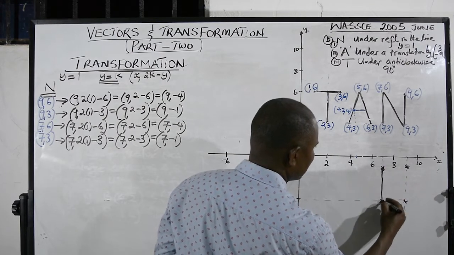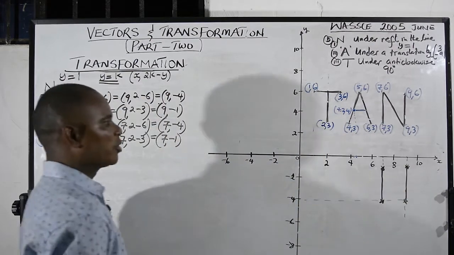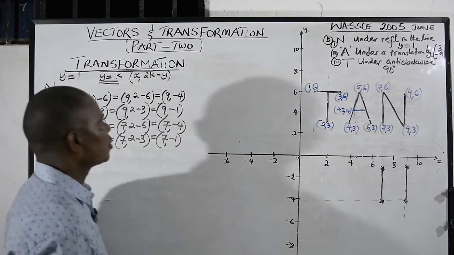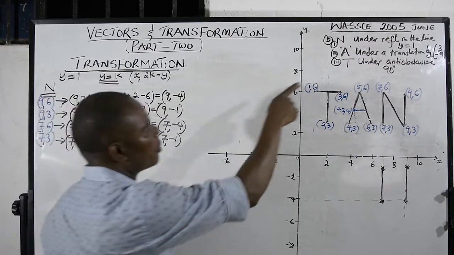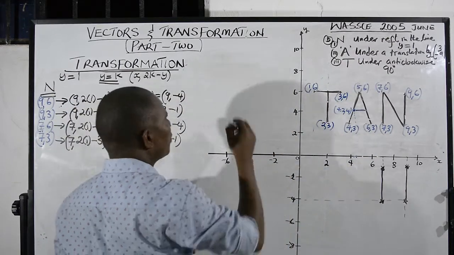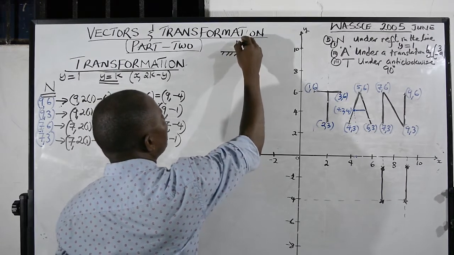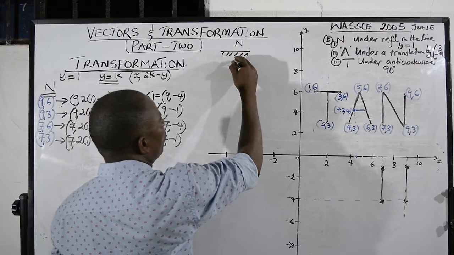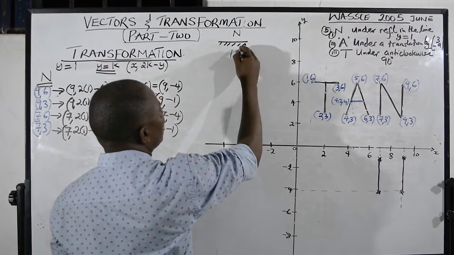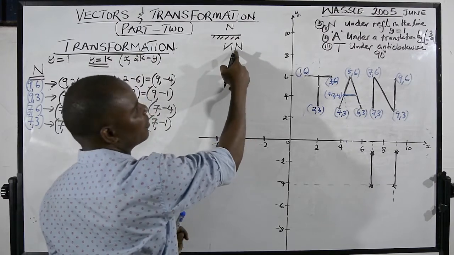This is N and that is N. You have to be careful how you draw that transformation line for N. Go back to the question. The question says reflection, and if I am supposed to reflect the N standing there, the N must appear this way, not this way. If I put the N this way, it means I've translated it.